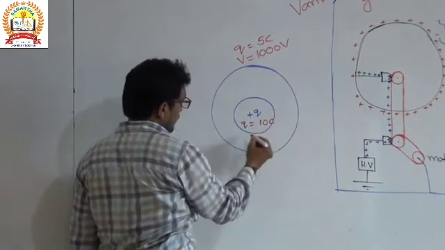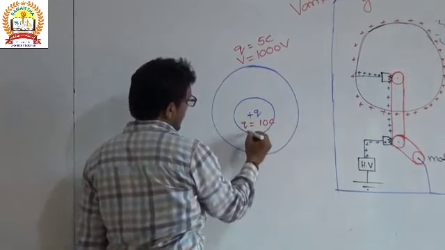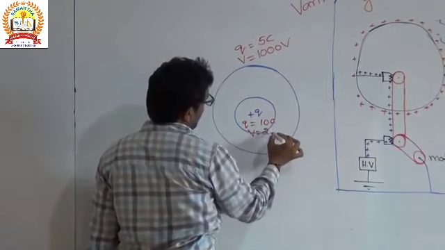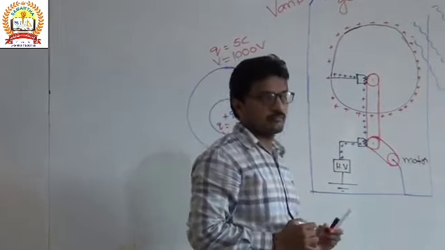Here the potential of the inner sphere, for example, I am taking as 2 volts.